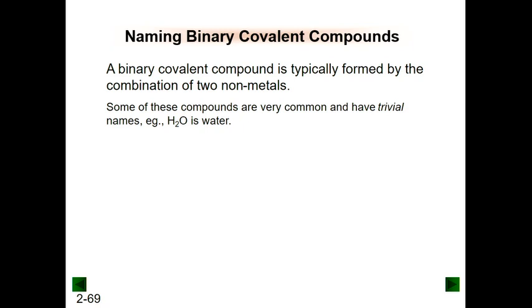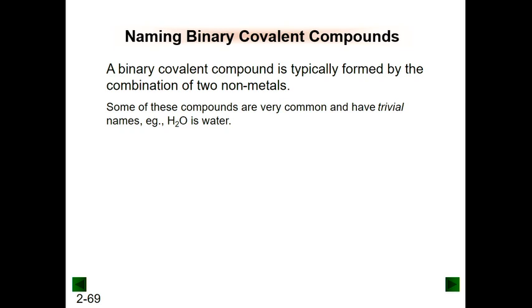So finally, with the nomenclature and the naming, a binary covalent compound is typically formed by the combination of two nonmetals, and some of these compounds are very common and have trivial names. For example, this one: instead of calling it hydrogen oxide, we never call it that way.